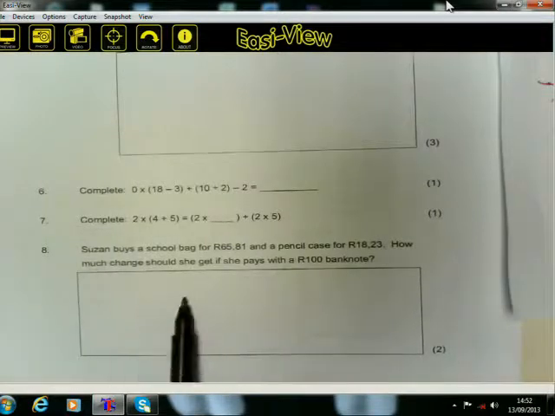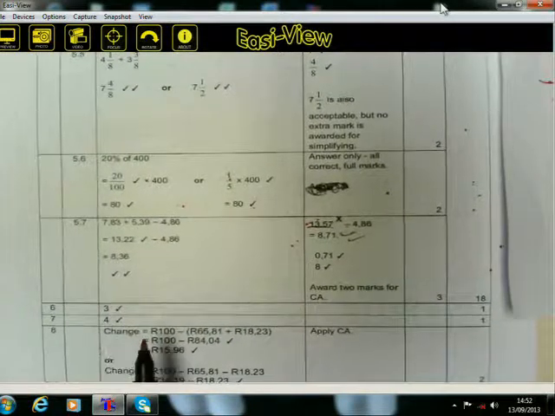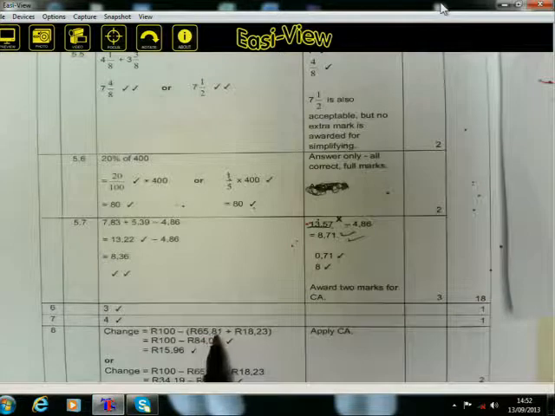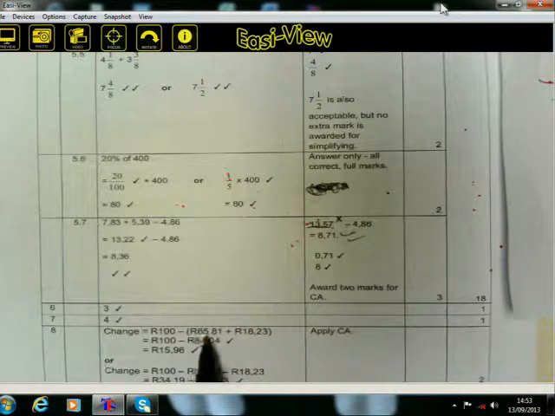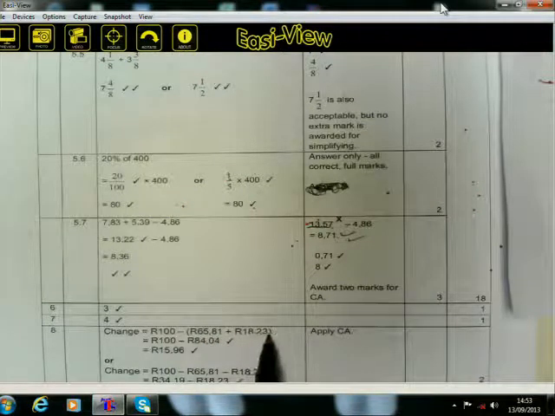Okay, colleagues, let's look at this one here. It's number 8. Now we want the change. Now, she wrote here 65 rand 81 cent plus 18 rand 26 cent. This is the correct answer.